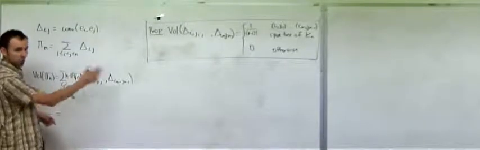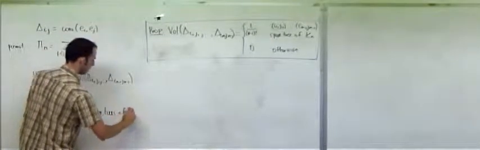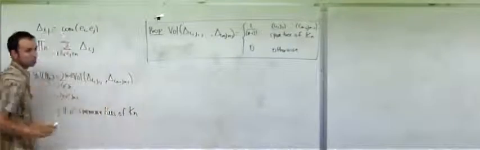So I'm just going to be summing a bunch of 1s, and I'm going to get a 1 every time I have a spanning tree of Kn. Okay? So what I'm going to get then is the number of spanning trees of the complete graph. So this is going to be implied by the proposition.